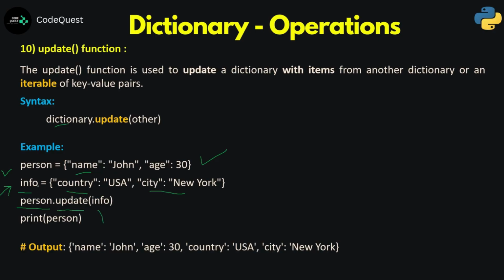So info is the dictionary with which the person dictionary will be updated, which means later on when I'm trying to print what the person dictionary is holding, apart from the two existing elements it had earlier, these two items which are part of your info dictionary have also been added here. So as a result, we are able to update this person dictionary with some new details.